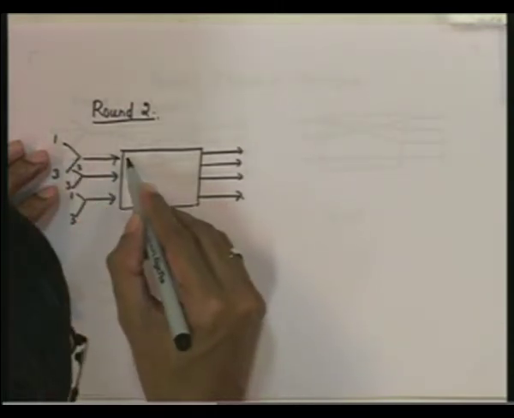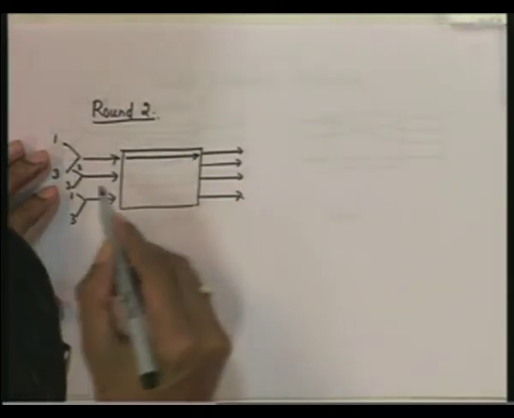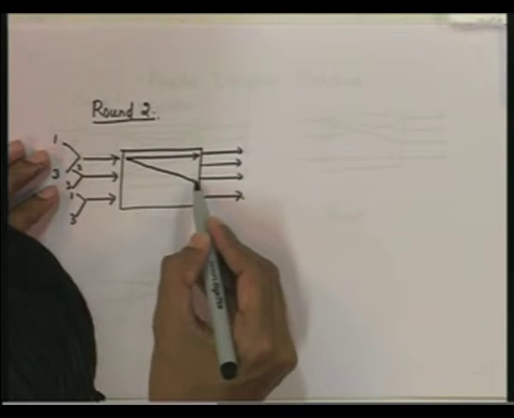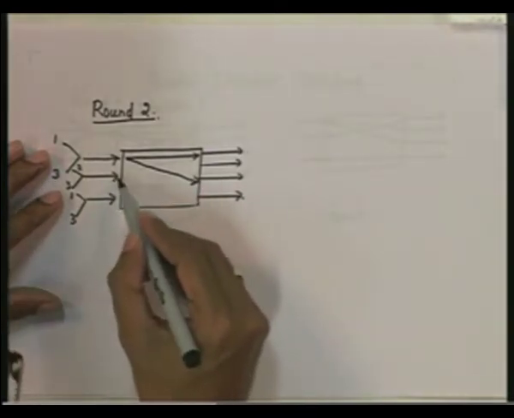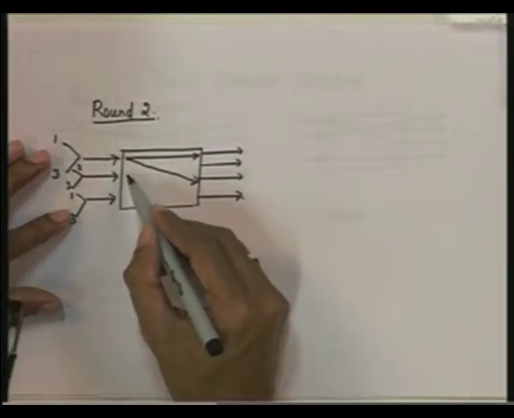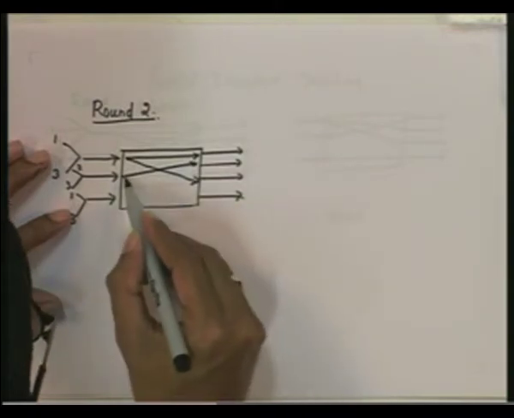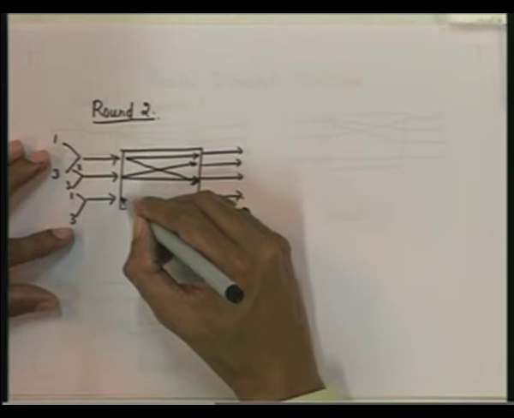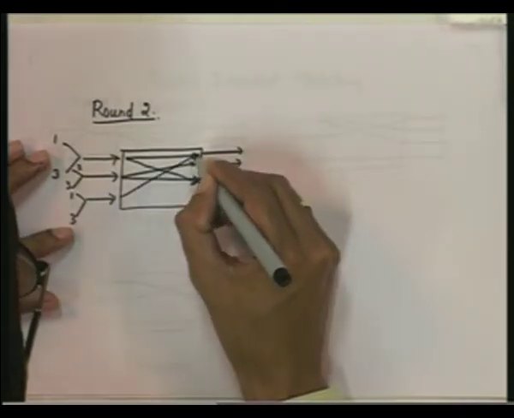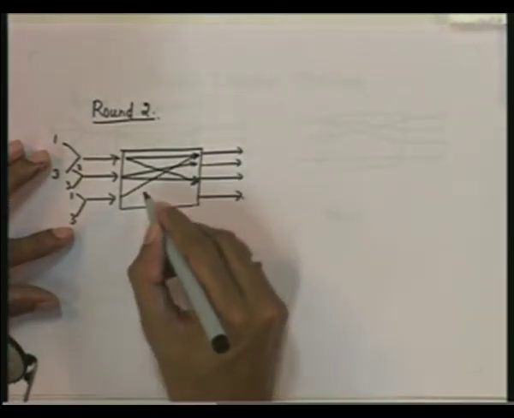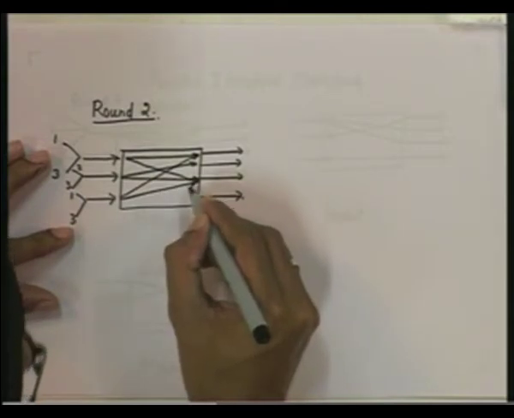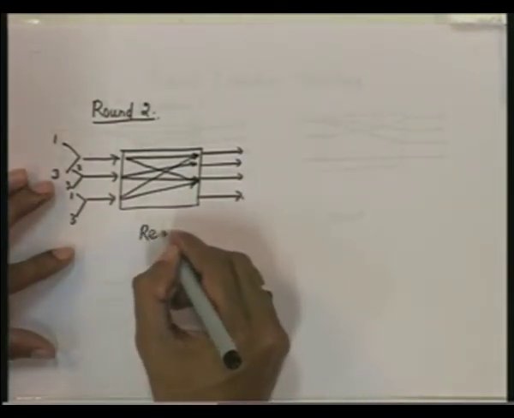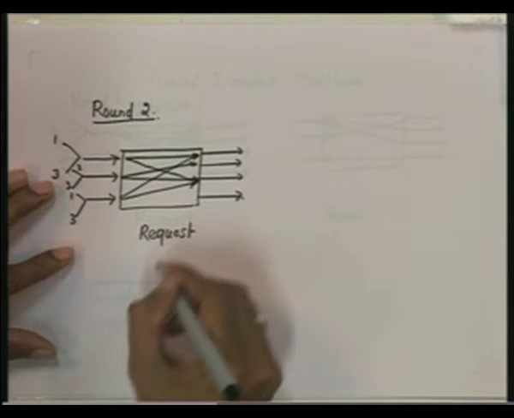So this input will send a request to output port 1 and output port 3. This one will send a request to output port 2 and output port 3. This one will send a request to output port 1 and output port 3 again. So this will be the request phase.